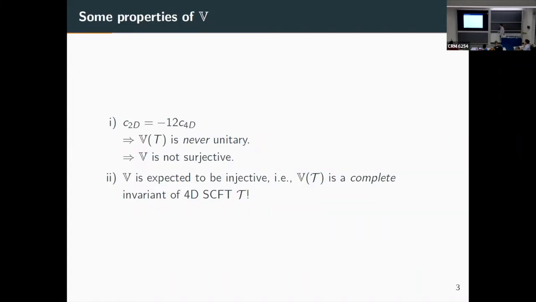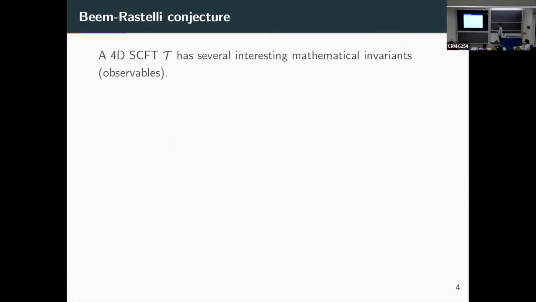Okay, but then if you really believe that this is a complete invariant, then you should be able to recover many invariants, not just the Schur index, because 4-dimensional theory is a super rich theory and has several interesting mathematical invariants, or observables in physical terms.